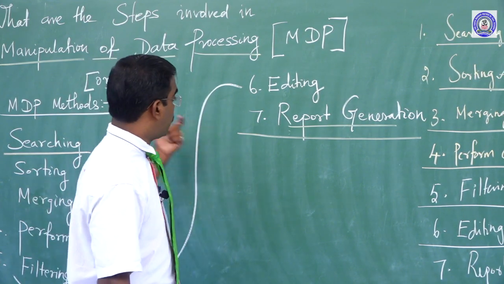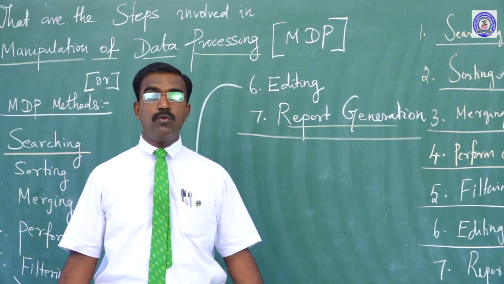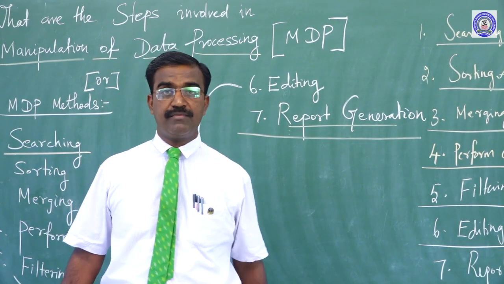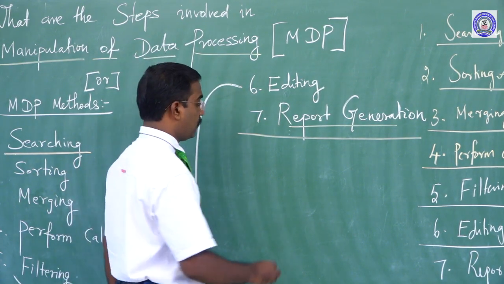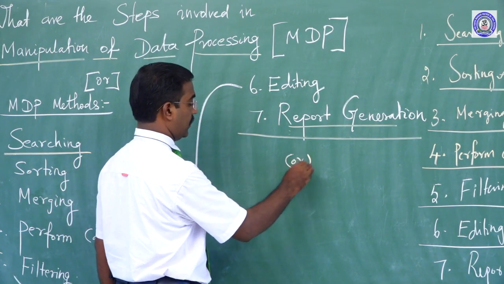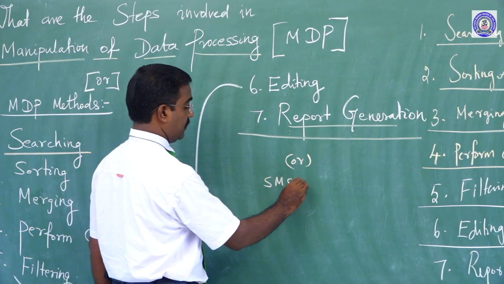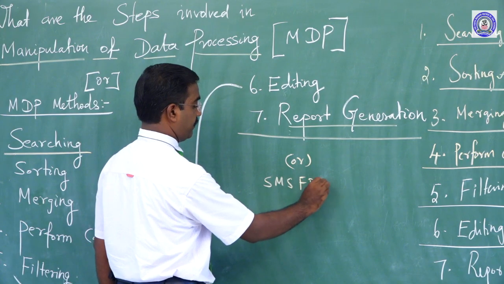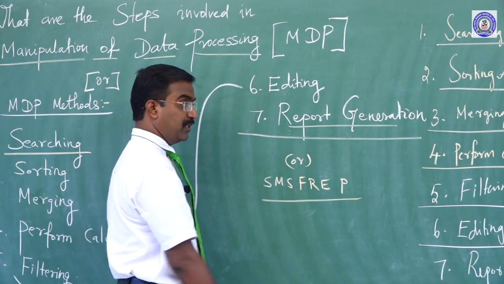But for slow learner children, how can these many steps be kept in mind easily? Can I tell one simple formula? What is a simple formula to keep in mind easily? SMS free paisa. This is called a simple clue.